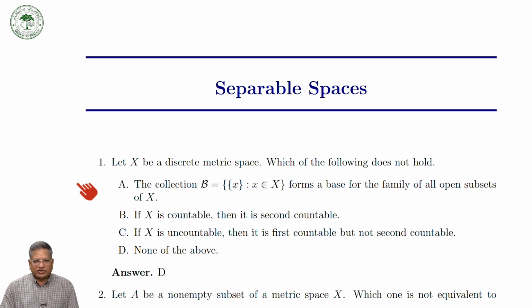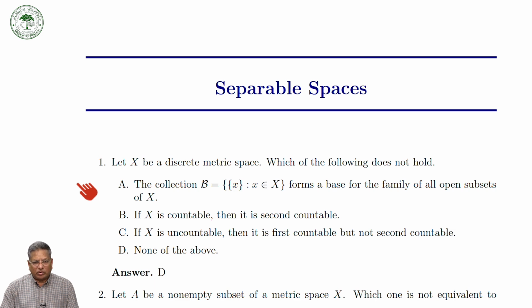Let X be a discrete metric space. Keep in your mind the definition of the discrete metric. And we have seen that in the discrete metric space, every set is open as well as closed. So let X be a discrete metric space. Then the question is, which of the following does not hold?